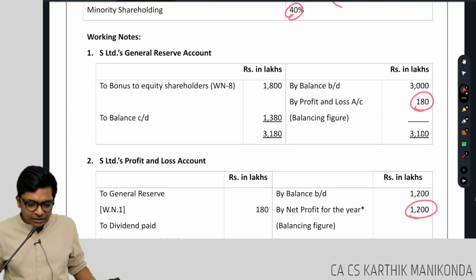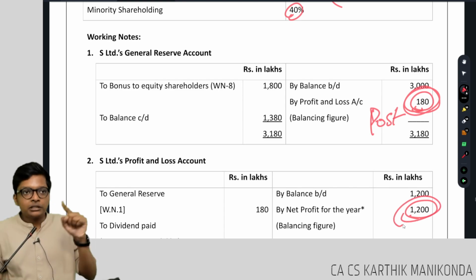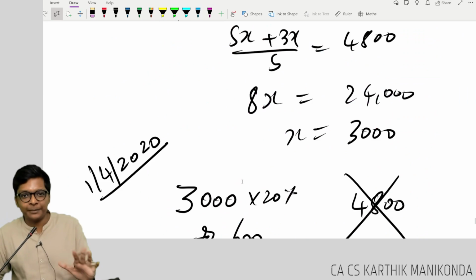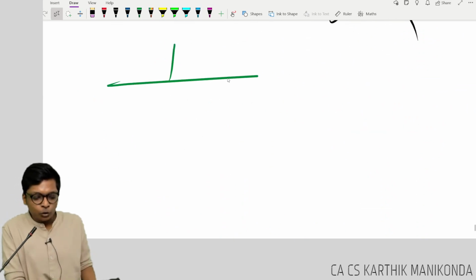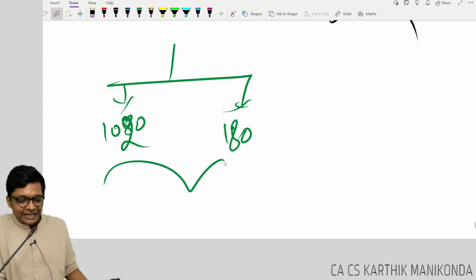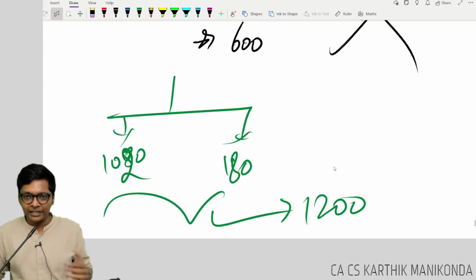In general reserve, he did not take this as post. Instead, he took full 1200. Are you following, guys? It's basically the same. We are doing it the right way by doing 1020 and 180. They added both and they're taking 1200. It's the same. Are you following, guys?